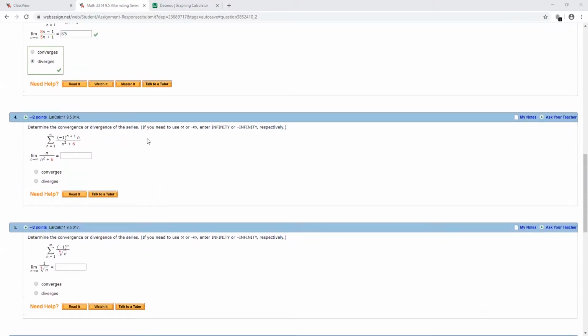How about number 4? Let me write it down, and I'll go to my notebook. The alternating piece is -1 to the n plus 1 this time, not n.